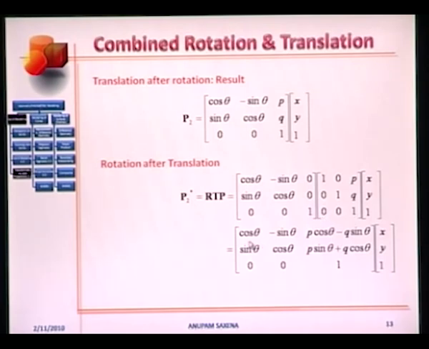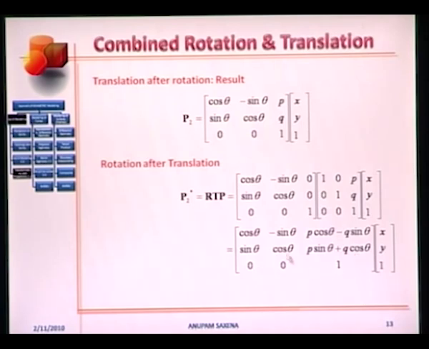we get cosine of theta, minus sine of theta, p times cosine of theta minus q times sine of theta in the first row, sine theta, cosine theta, p times sine theta plus q times cosine theta in the second row, and 0, 0, 1 in the third row.